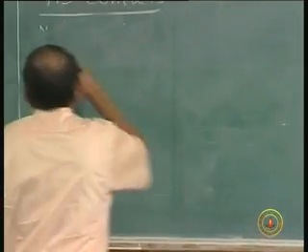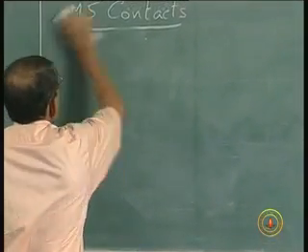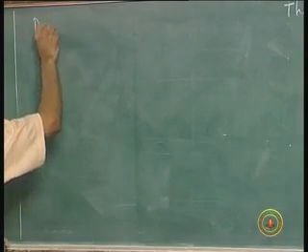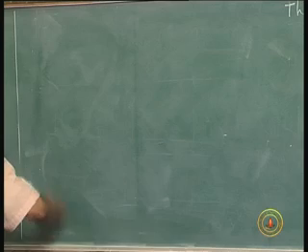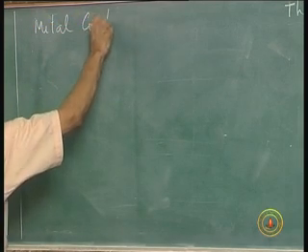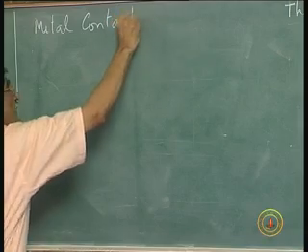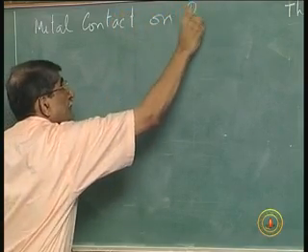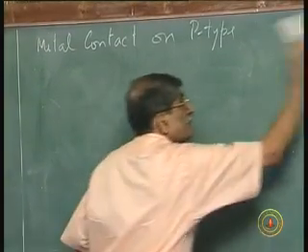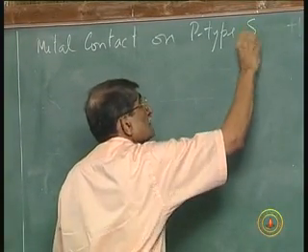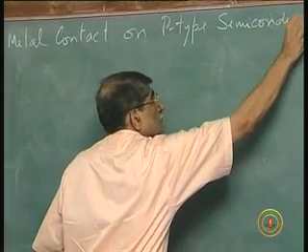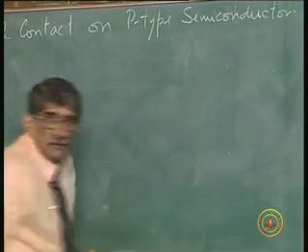Now, the p type substrate. Metal contact on p type. Hereafter, it will be very easy for us to go through the semiconductor.